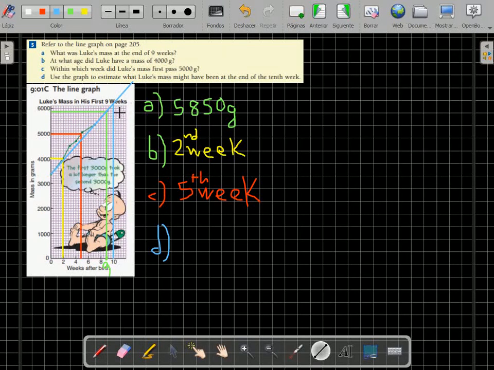From here I'm going to move to the y-axis. Okay, we ran out of space there. Nevertheless, we can estimate that the mass he will have at his 10th week will be 6,200 grams.